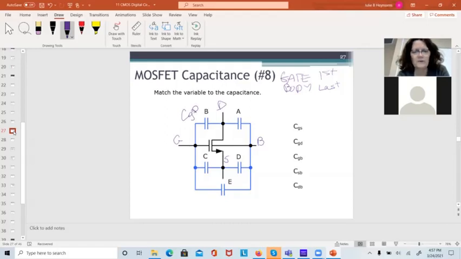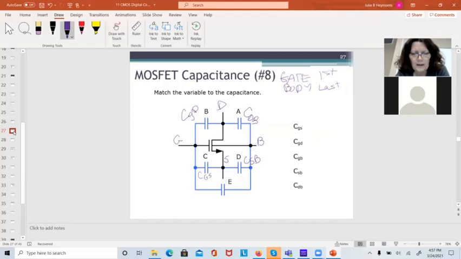Gate comes first. Going from the gate to source, this is CGS. Those are the two largest capacitors in the device because that's the MOS capacitors. Going from the drain to the body, body comes last, so CDB. Going from the source to the body would be CSB.